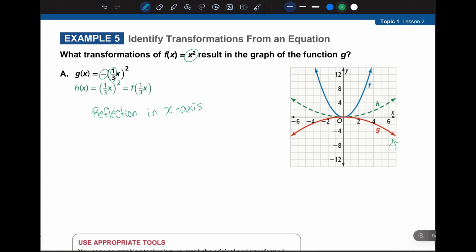I also know that when I multiply inside the parentheses by a number, that's something horizontal. So we have a horizontal. Now, since it's 1/3, I want to say shrink, but I know that this is a stretch by a factor of 1/3.